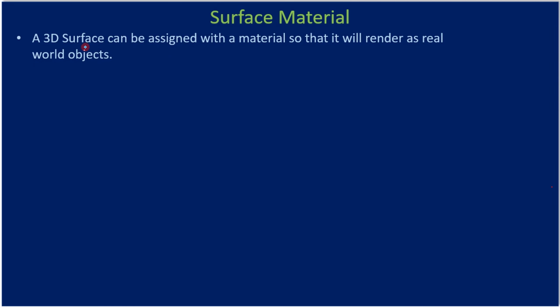A 3D surface can be assigned a material so that it will render as a real world object. Say, for example, you have a cylinder and you are applying a wood-like material. Wood-like means let's say there is an image that contains a wood-like shape, and when you apply that to a cylinder, it will look like a wooden rod or wooden cylinder, right?